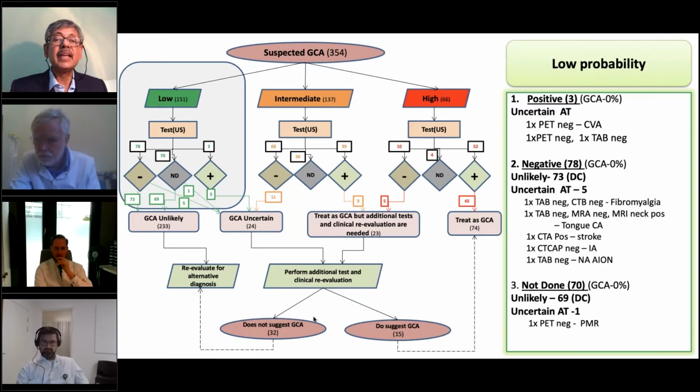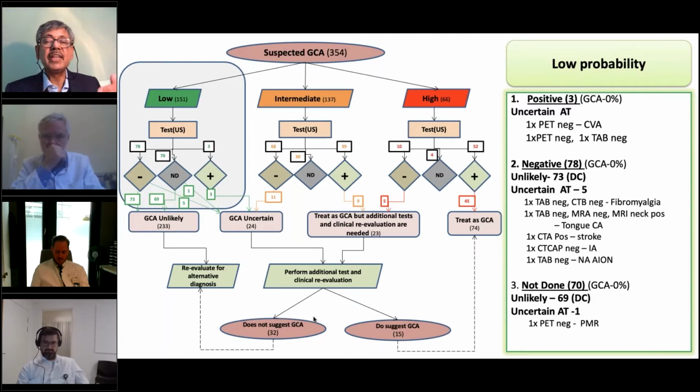On the other hand, if the patient actually has a positive ultrasound, and you may ask what a positive ultrasound means, whether it is a limited abnormality or a generalized problem. Generally, in low probability, we saw 3 patients who had a positive ultrasound, and these patients we then worked up, including temporal artery biopsies, without actually treating them as GCA.